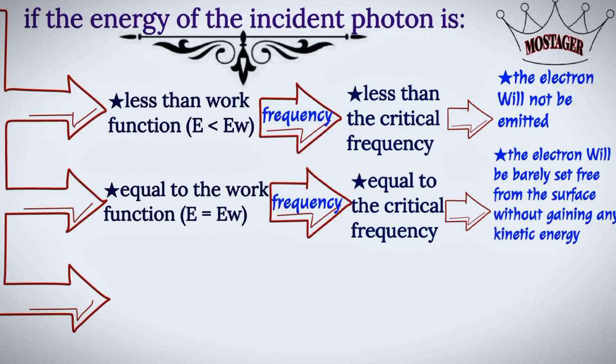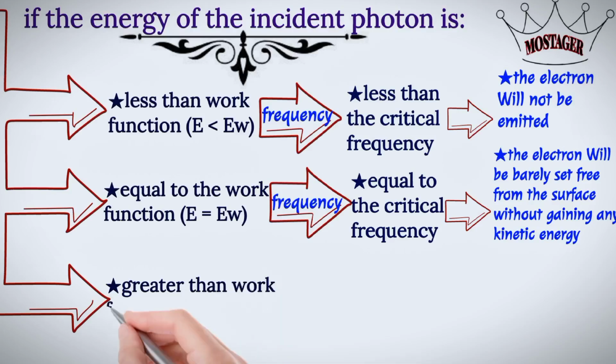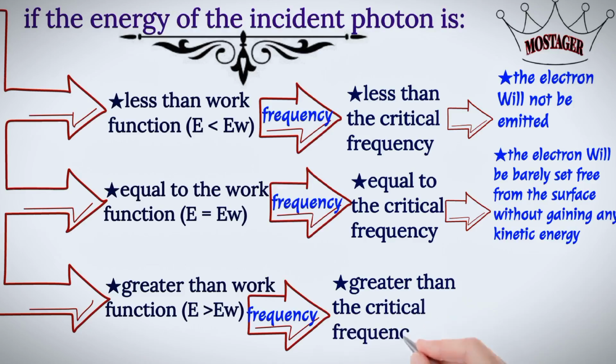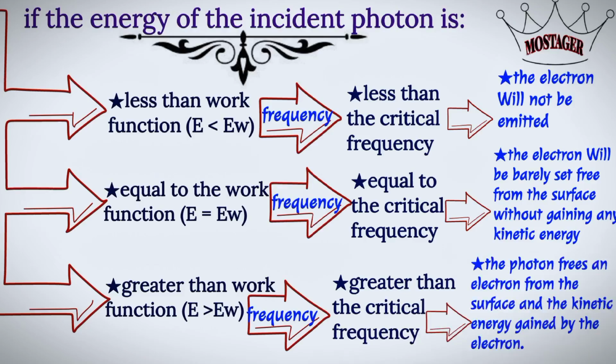State number 3, when the energy of the photon is greater than the work function, the frequency is greater than the critical frequency. In this case, the photon frees an electron from the metallic surface and the energy difference appears in the form of kinetic energy gained by the electron.